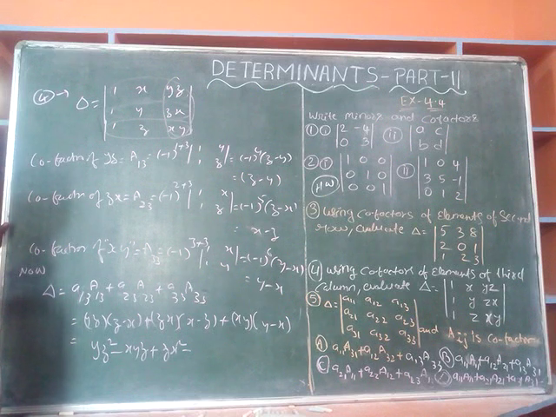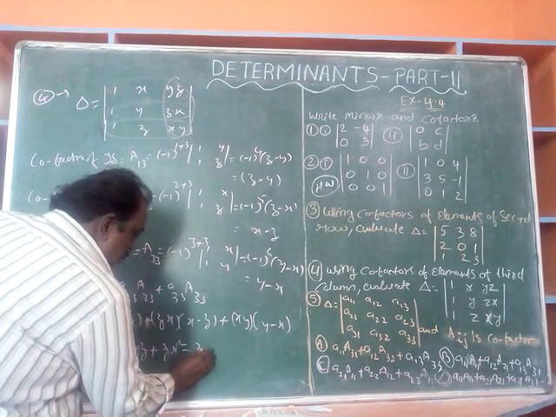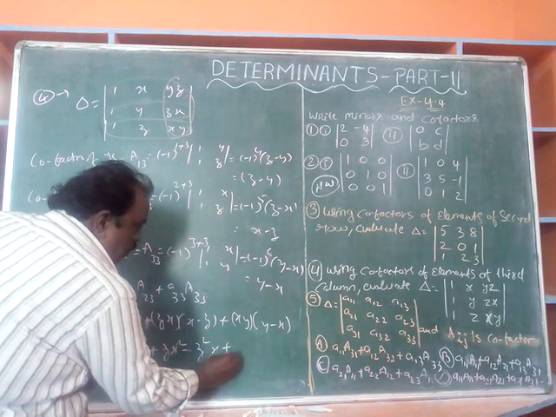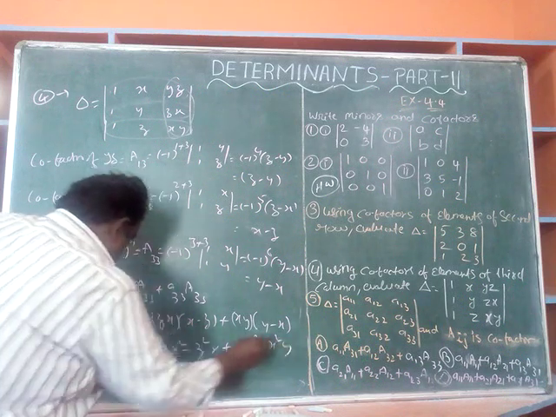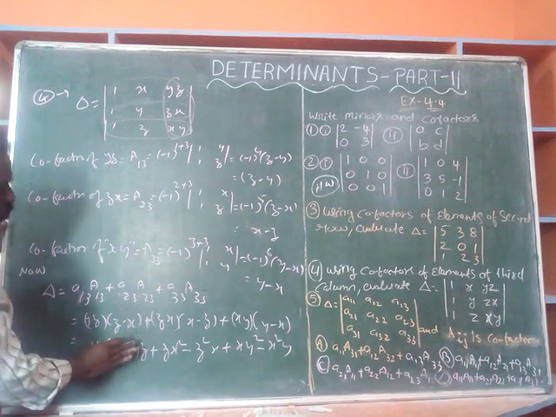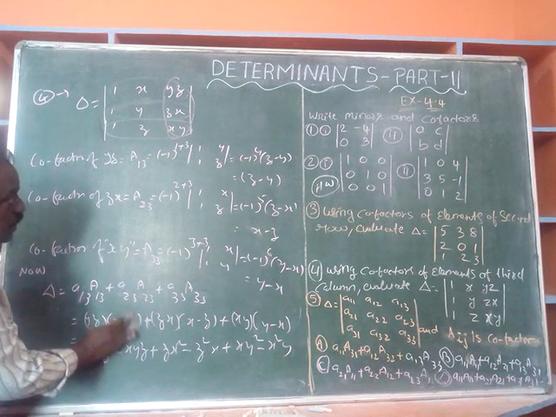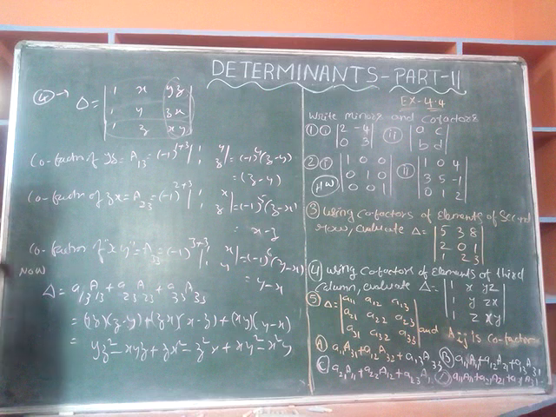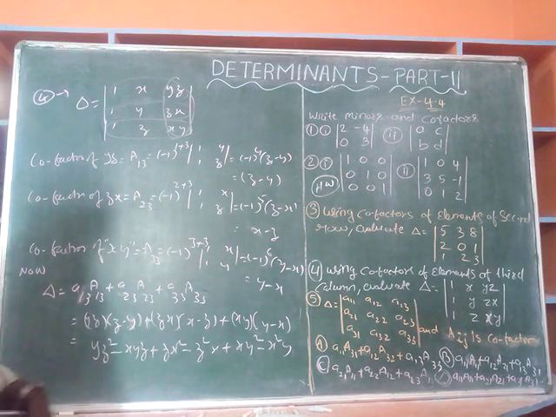Is it correct? See, zx into, right, okay. It is z square, yes. It is xy square minus x square y. Here also it is yz into z minus y, and here x minus z, that is y minus x.